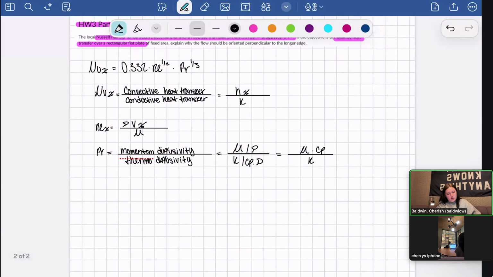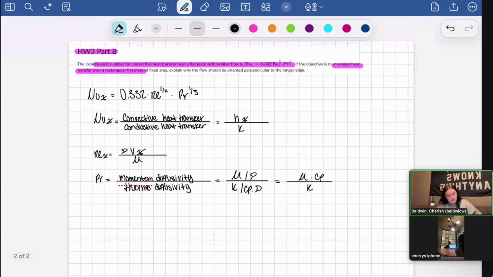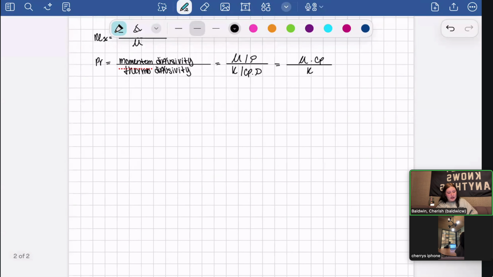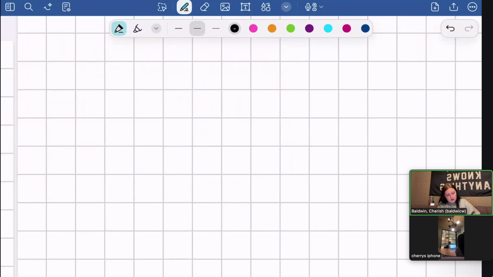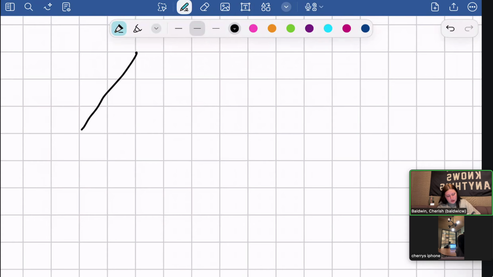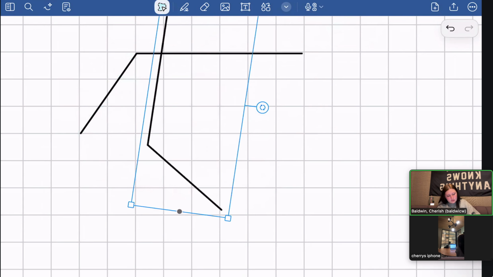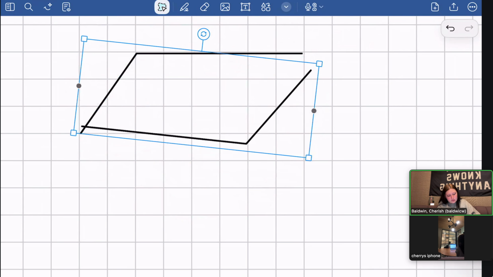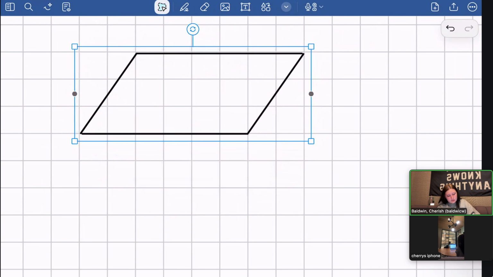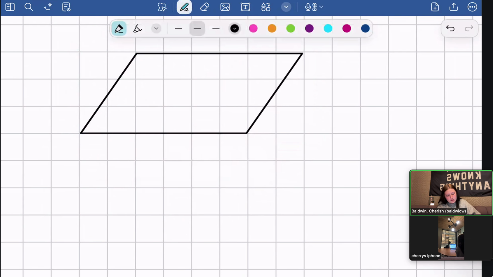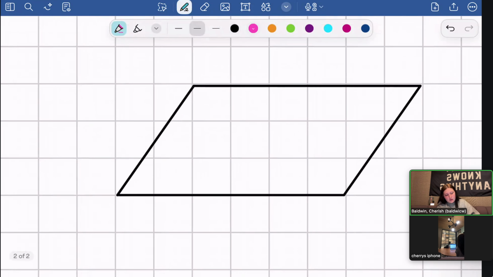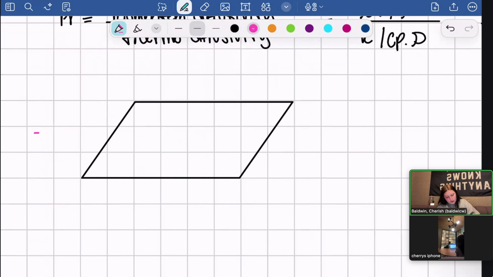So now let's draw the rectangular plane and model what flow looks like. So here's the plane. The flow is going this way.